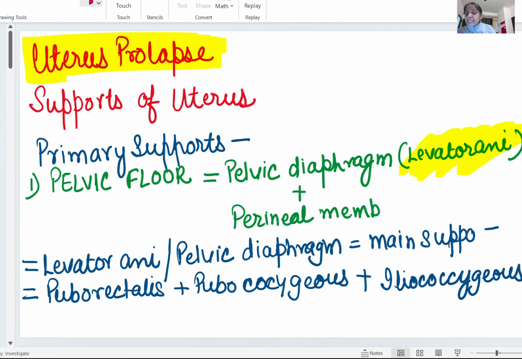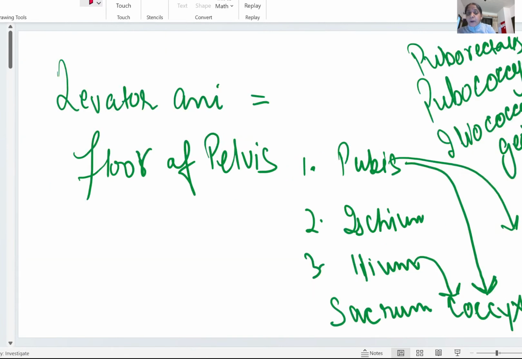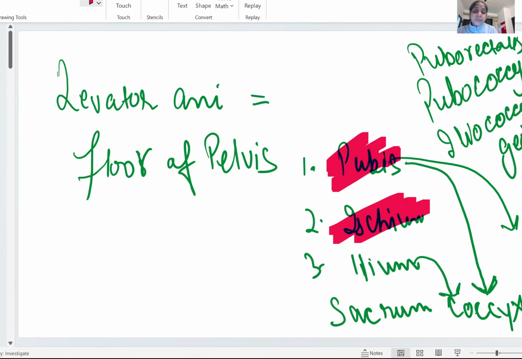The levator ani is made up of three muscles. As you all know, the pelvis is made up of three bones. What are those bones? Pubis, ischium and ilium, right?